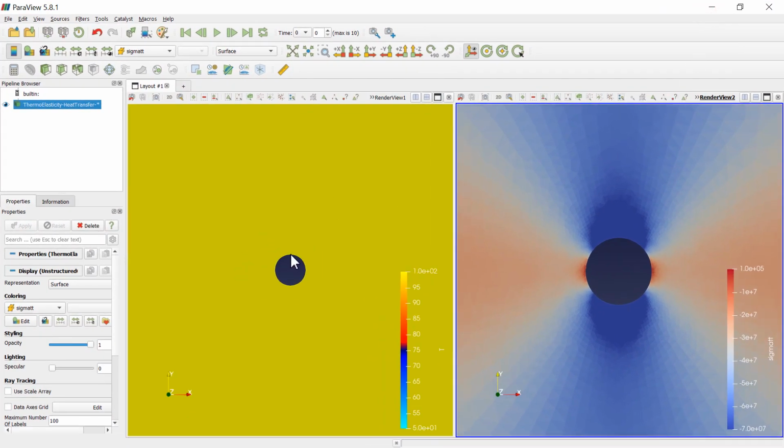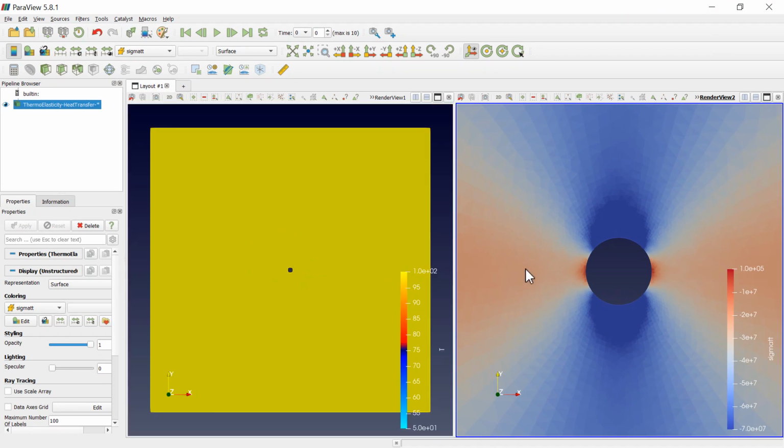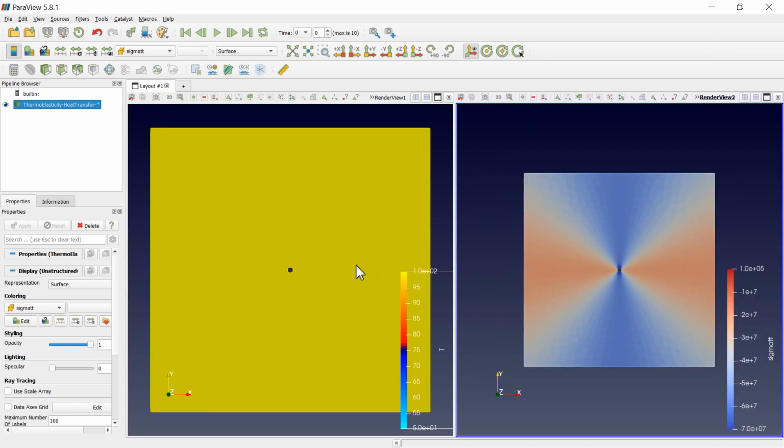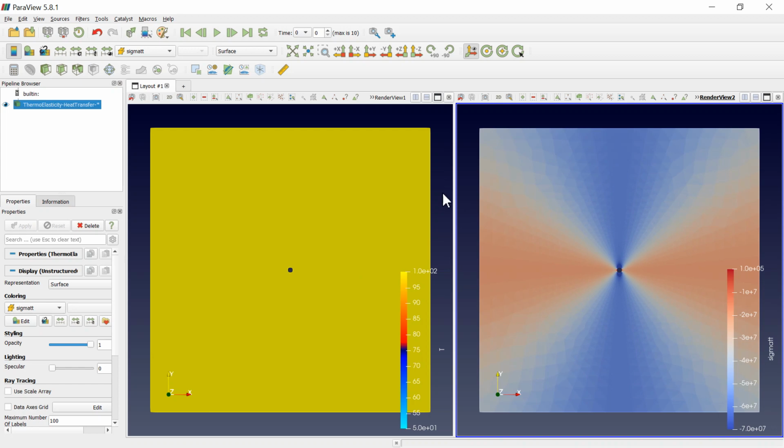So this is the domain that I simulated, in which I have stresses in the far field and I have also temperatures in the far field. For example, in this case, I have a stress which is larger in the horizontal direction than in the vertical direction.